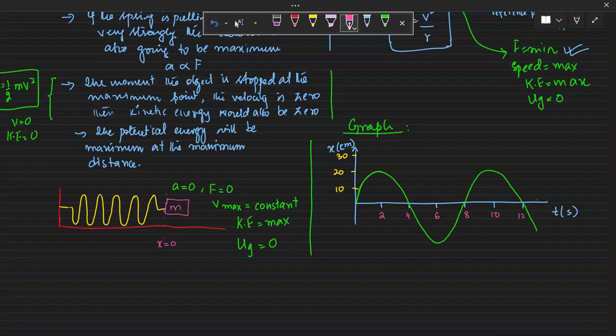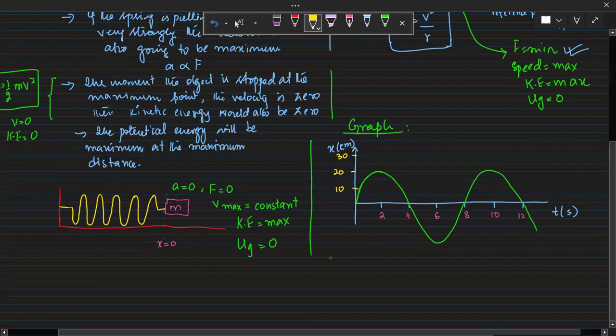So what is time period? It is the time of one wave, the time taken by one wave.